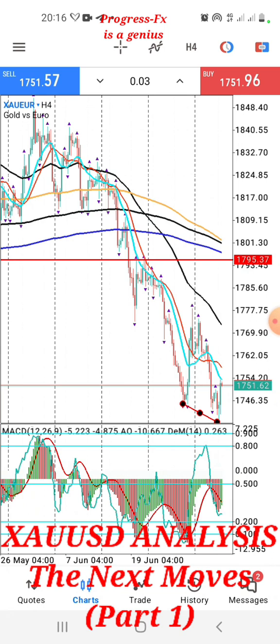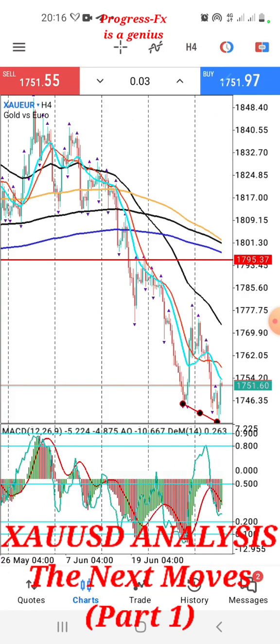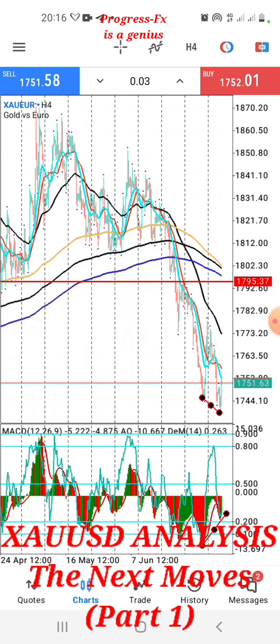So here is the first line, and this is DEX. So you see the divergence it formed.